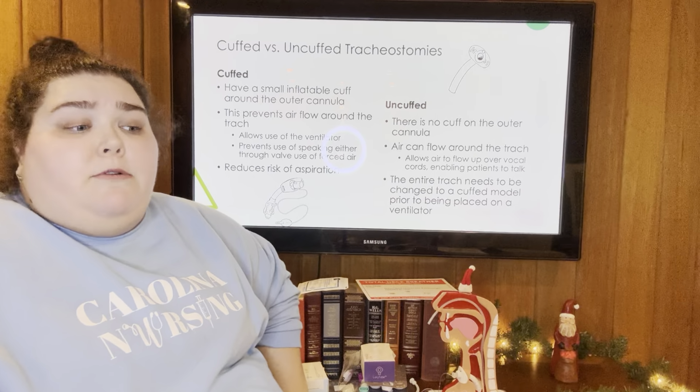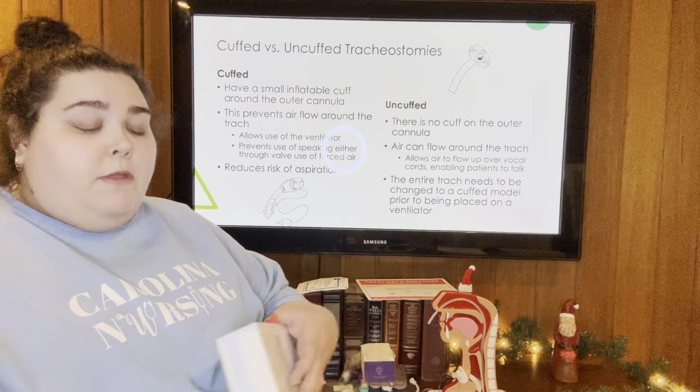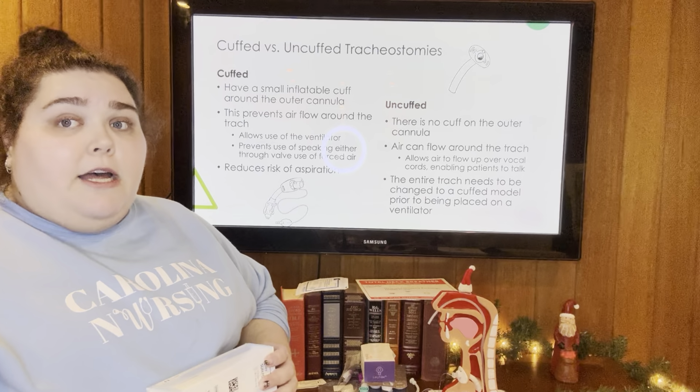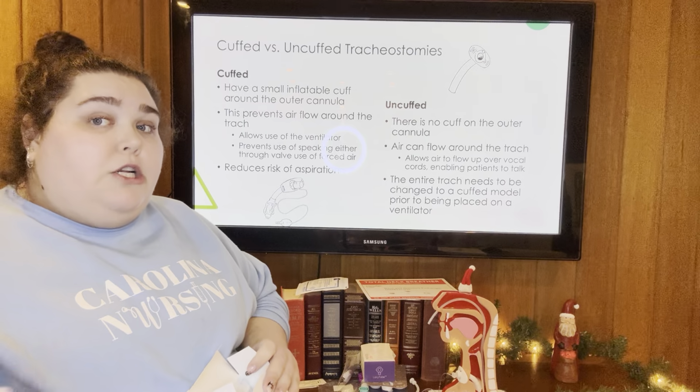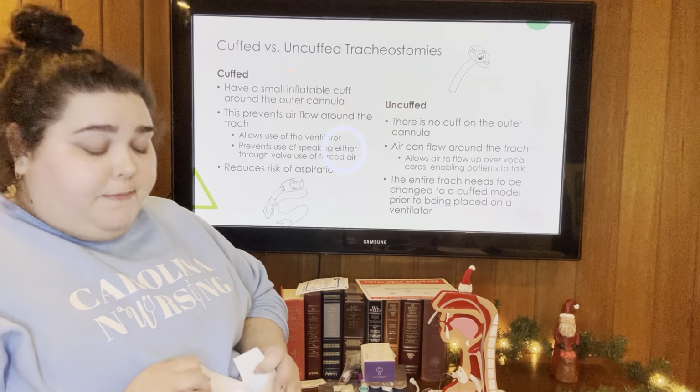So if he's going home with the trach, if he is off the ventilator but still needs the trach in, then we can either just deflate the cuff or we can put in a cuffless trach. So in Tom's case, in the hospital, we would probably just deflate the cuff. So instead of trying to fuss with changing the trach out, we just deflate it and inflate it.